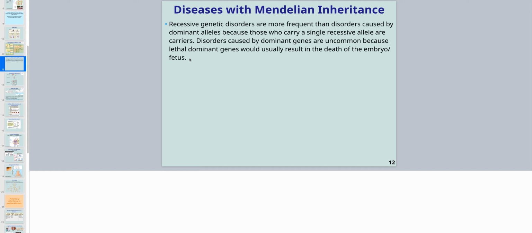So in the cases where the disorders are inherited in a dominant manner, those conditions would allow the individual to be born only if they're heterozygous or if they are homozygous recessive.